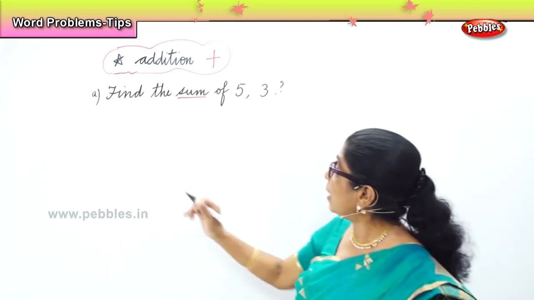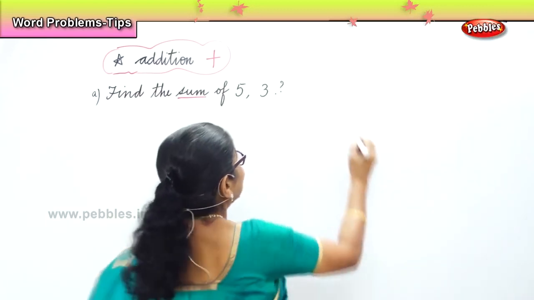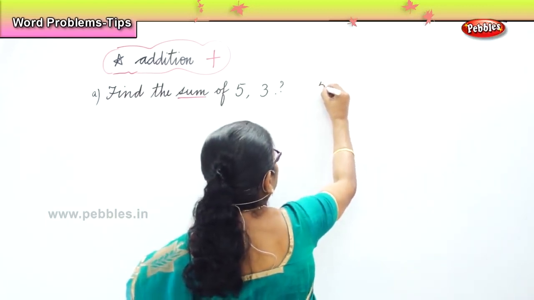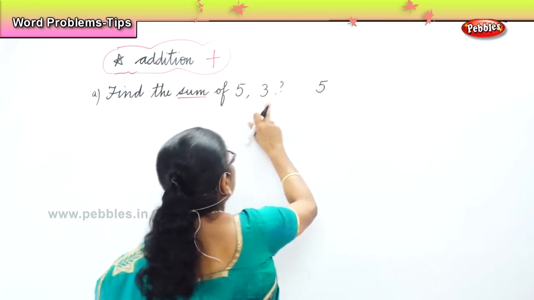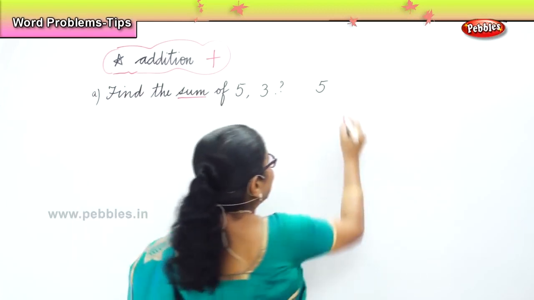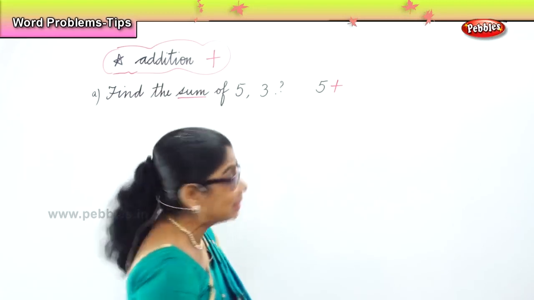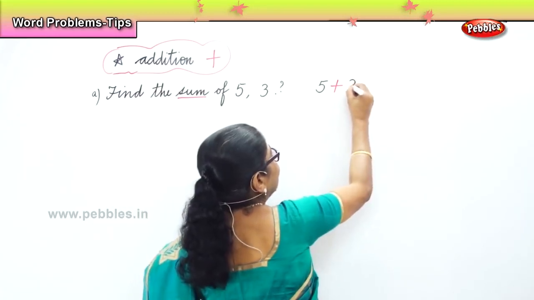Okay? Now, find the sum of 5 and 3. We are talking about sum, so that is 5 plus 3. When we say sum, we mean 5 plus 3.